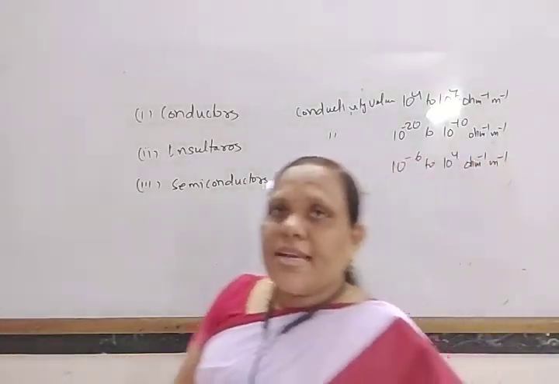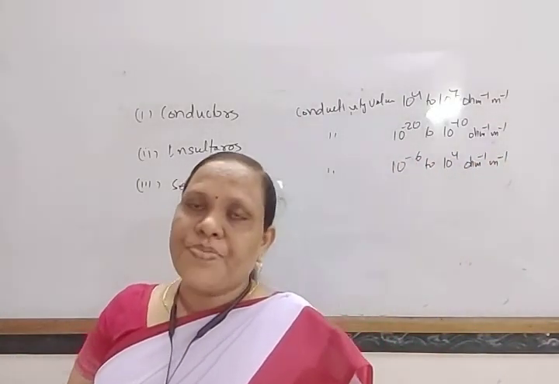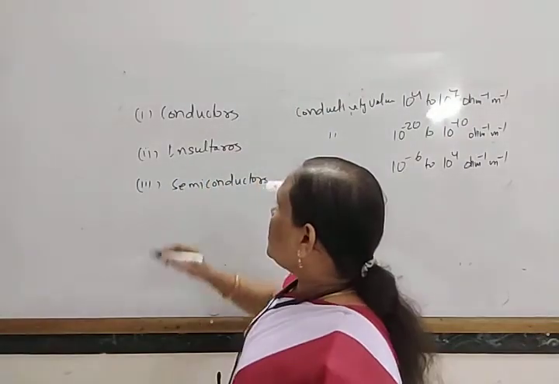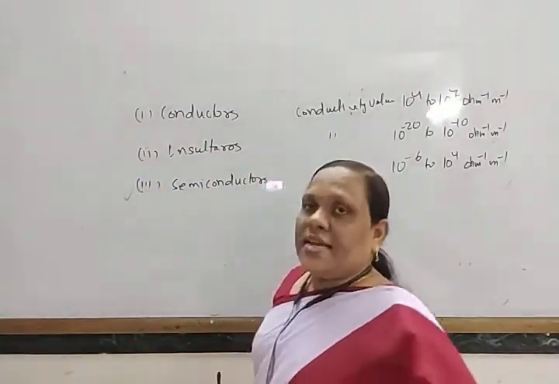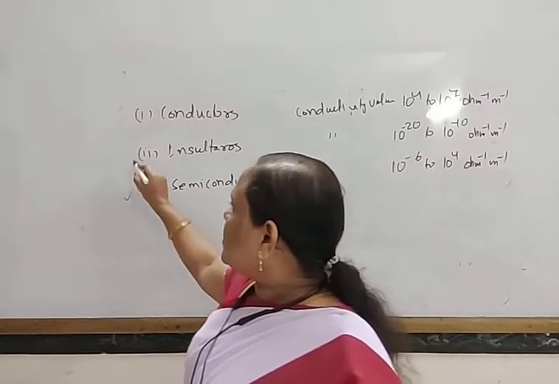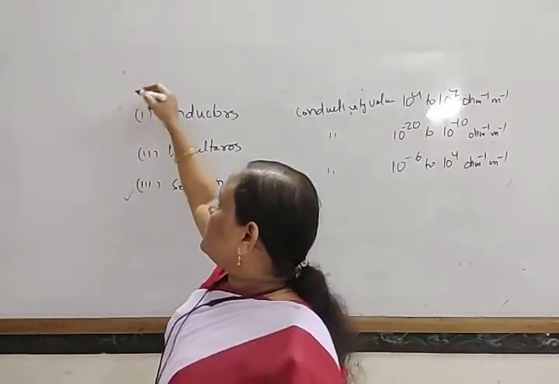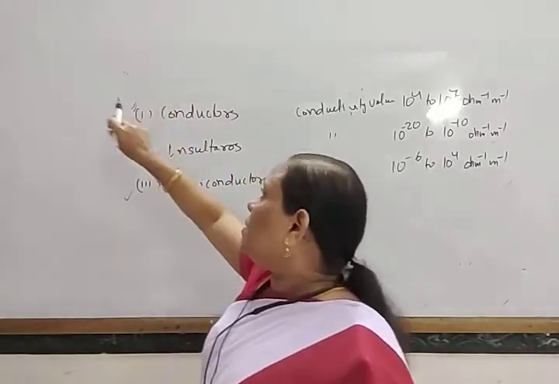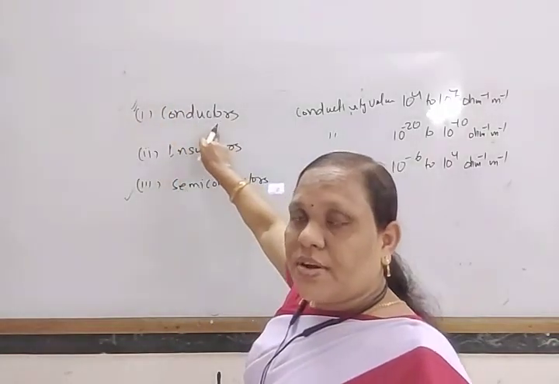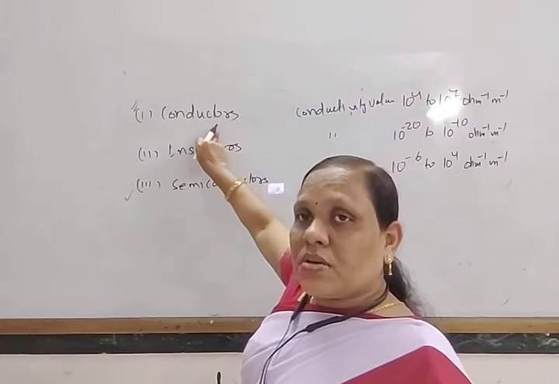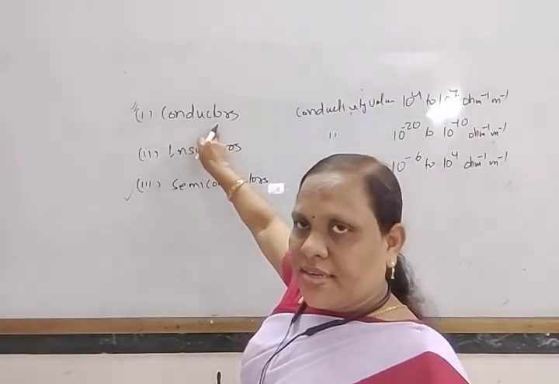Generally, with increase in temperature, the conductivity of a semiconductor increases, and there is very little increase in the case of an insulator. With increase in temperature, the conductivity of a conductor, that is, a metallic conductor, decreases. But if the conductor is an electrolyte, then it increases.